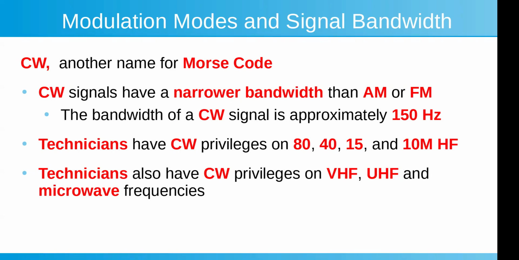They have a much narrower bandwidth. As far as the test question, they say 150 hertz. I think it's actually narrower than that in most cases, but you need to remember 150 hertz. And you have CW privileges even down on 80 meters.